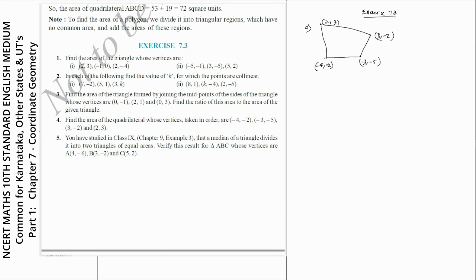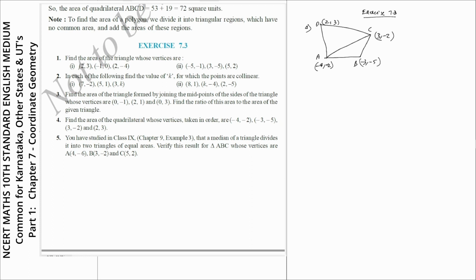Let -4, -2 be A, and here this be B, and this be C, and this be D. You can take them in any order, that's not an issue. Now I'll join A and C. Now I'll get two triangles, triangle ABC and triangle ACD. If I add the areas of these two triangles, I'll get the area of the quadrilateral.